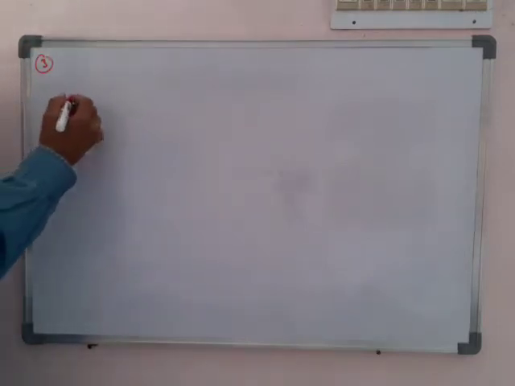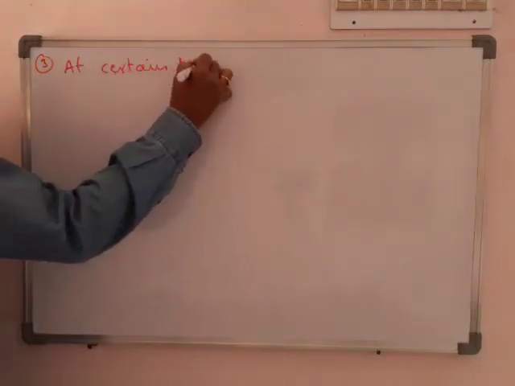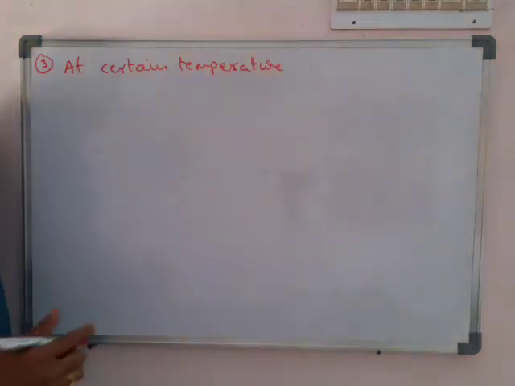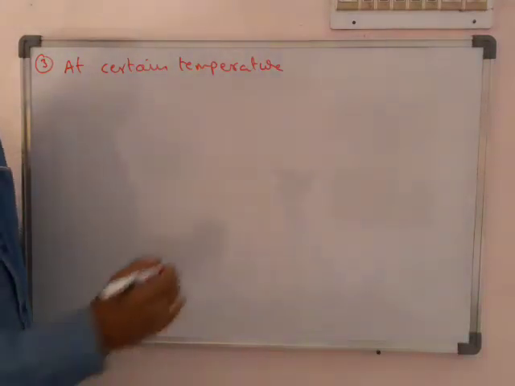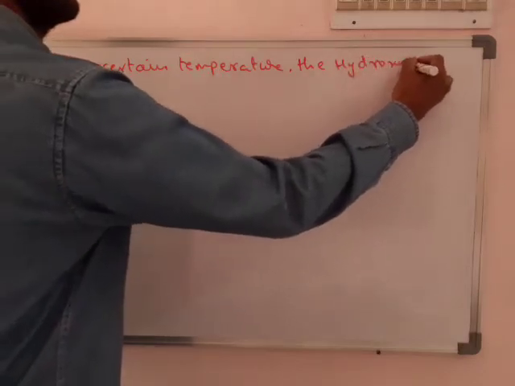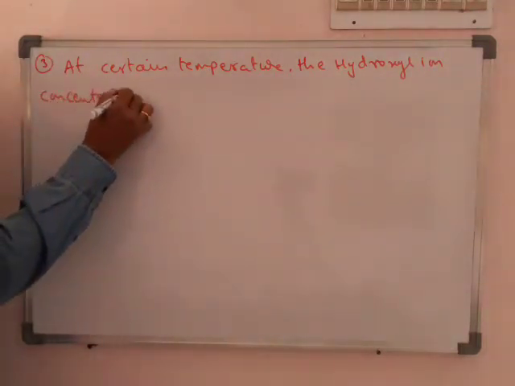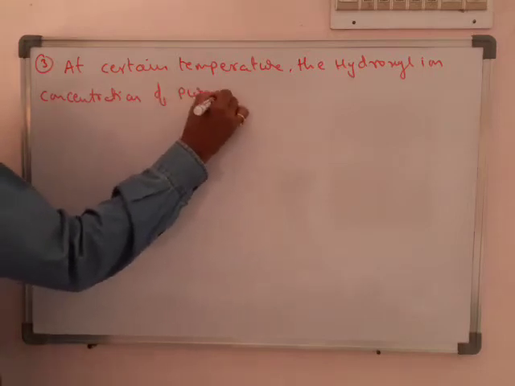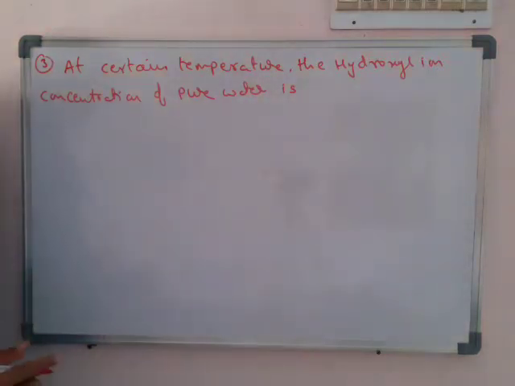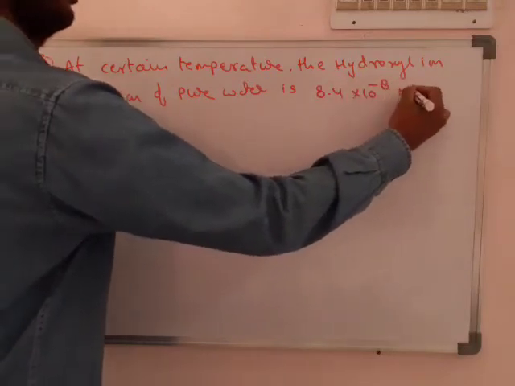At a certain temperature, the hydroxyl ion concentration of pure water is given as 8.4 into 10 power minus 8 molar.